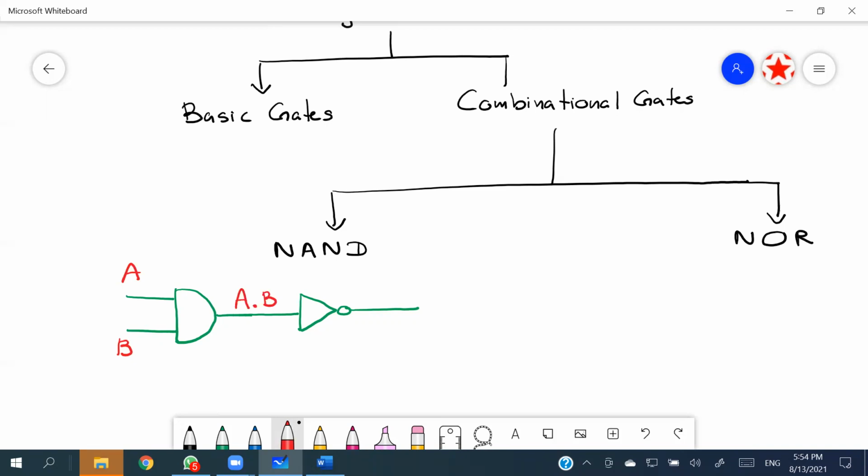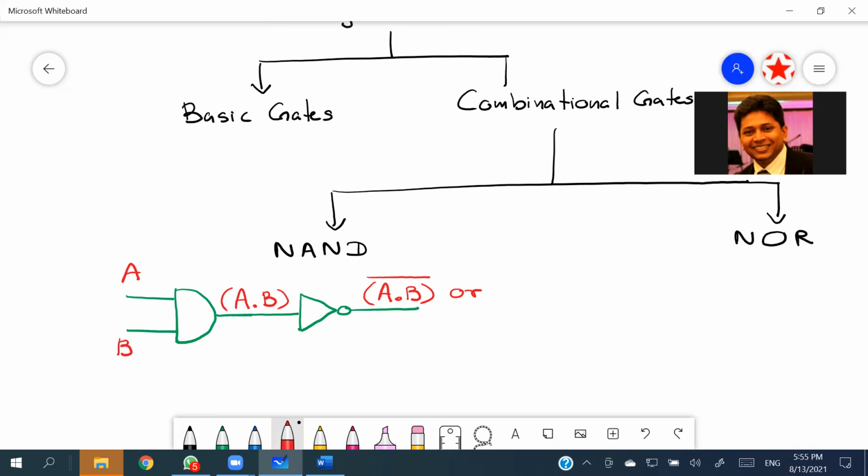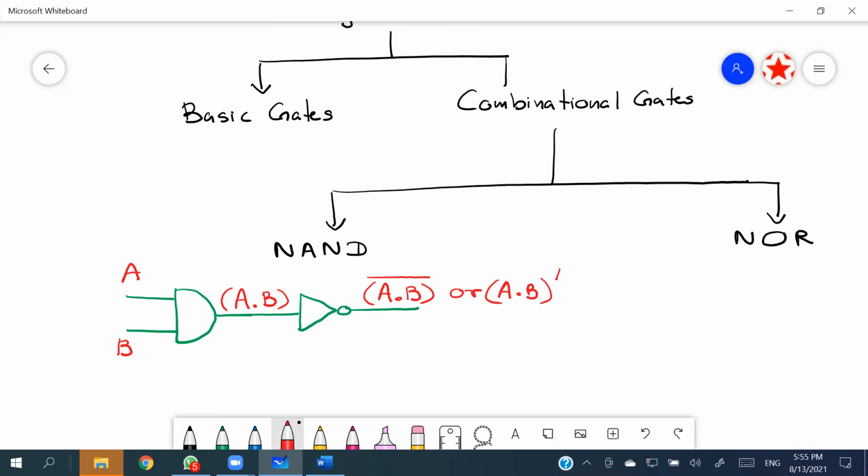When it is moved through a NOT gate, it's going to be (A dot B). It's better you put the brackets when two or more variables are there together. And once A dot B moves through the NOT gate, A dot B is going to take a bar over it. Or you can write this as (A dot B) dash. Right? So this is what is actually happening.